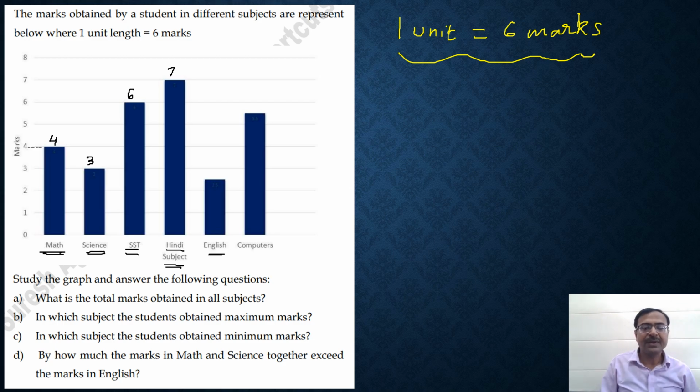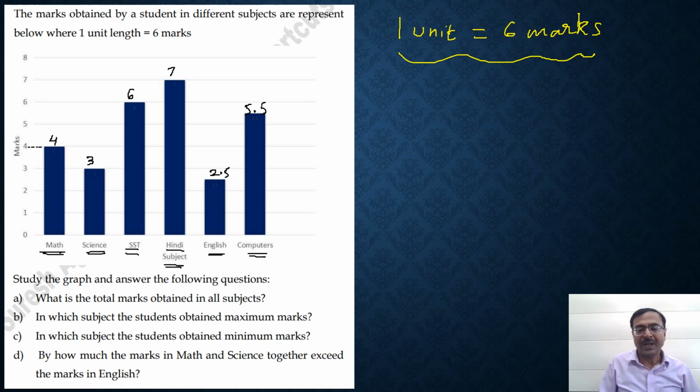For English, it goes up to 2, and for computers, it goes up to, I think this is 5.5. It's not 6, it is 5.5. And similarly, I think this English is also between 2 and 3, so it's 2.5. So you have to represent them by the value on the y-axis.